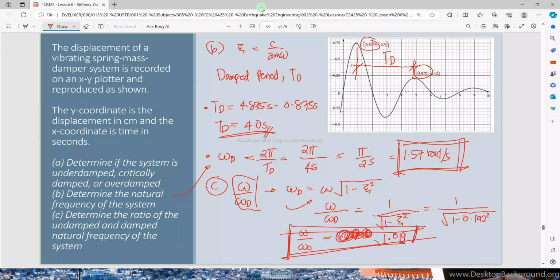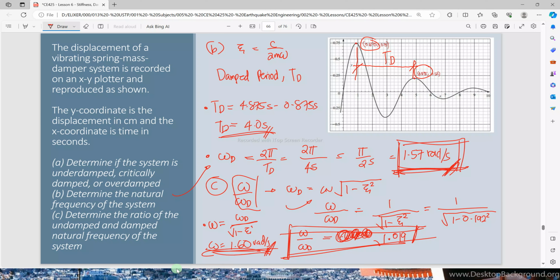So let's try to find the undamped natural frequency. We have the damped natural frequency over square root of 1 minus damping ratio squared. Actually, we can get that the undamped natural frequency is equal to 1.60 radians per second. So if you look, they are close to each other. See, we have the damped at 1.57 and the undamped at 1.6.